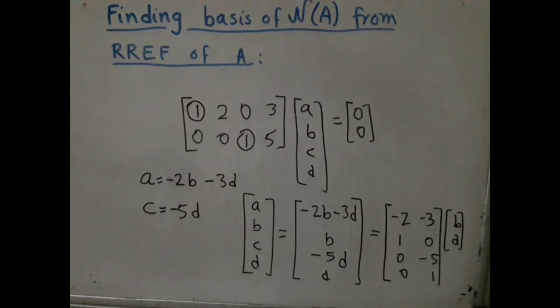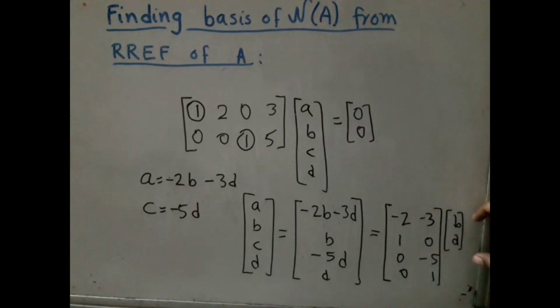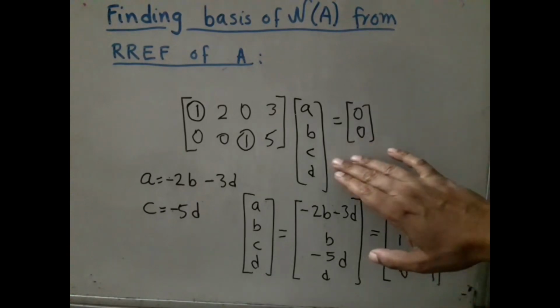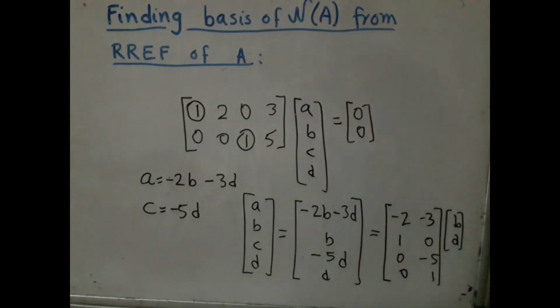Expressing these as matrix multiplication, we can write it in this way. Now observe that any value of B and D will give you a vector in the null space, and anything in the null space must be of this form. In other words, the null space of this matrix is just the column space of this matrix, and since we have reduced it as much as possible, any arbitrary value will work here.